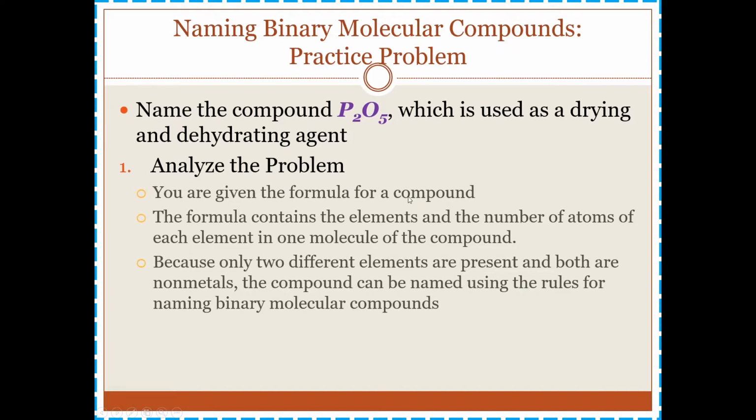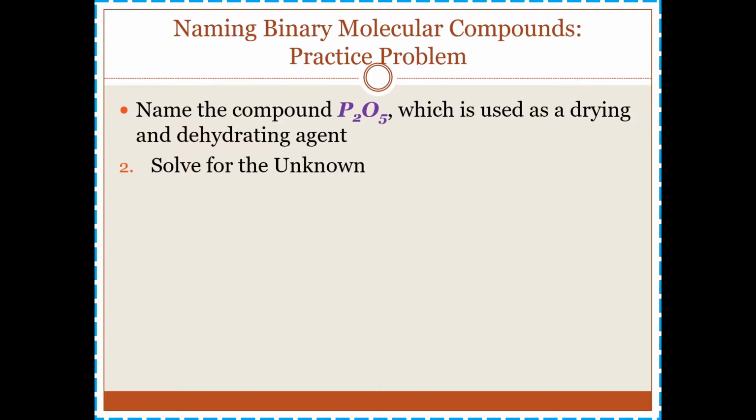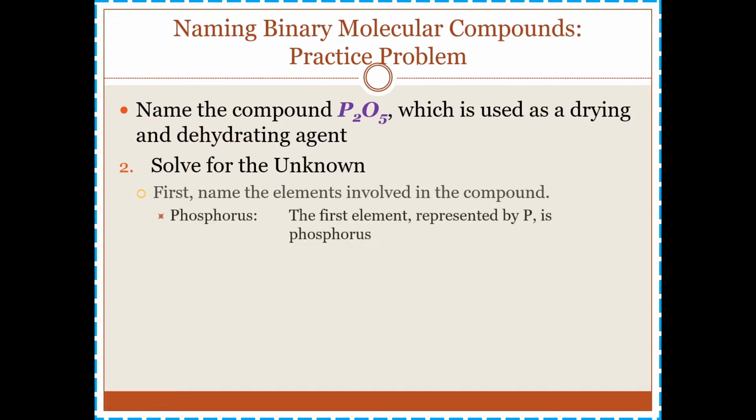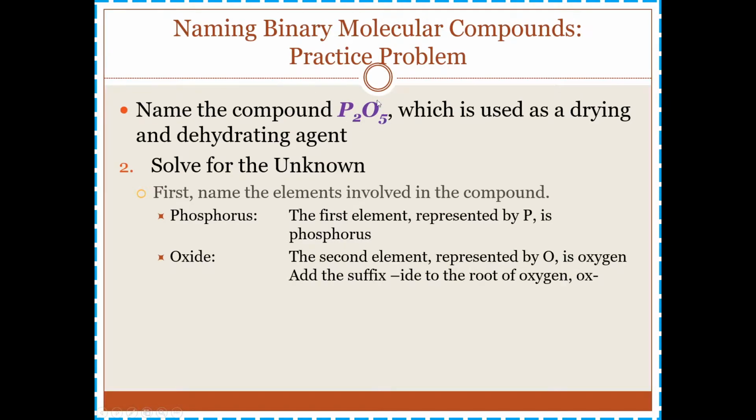Because only two different elements are present and both are nonmetals, the compound can be named using the rules for binary molecular compounds. Now solve for the unknown. First, name the elements involved in the compound. P is phosphorus. We also have oxygen, and we add the suffix "ide" at the end. So we put them together: phosphorus oxide.